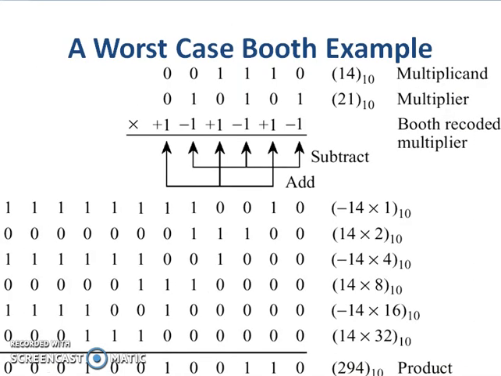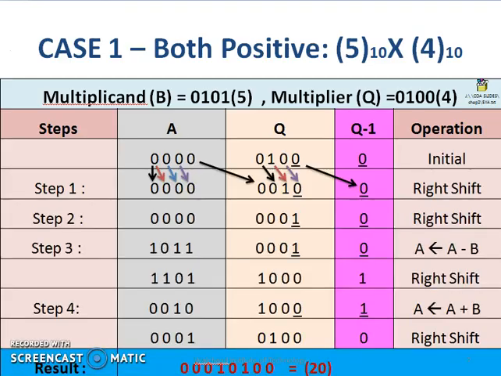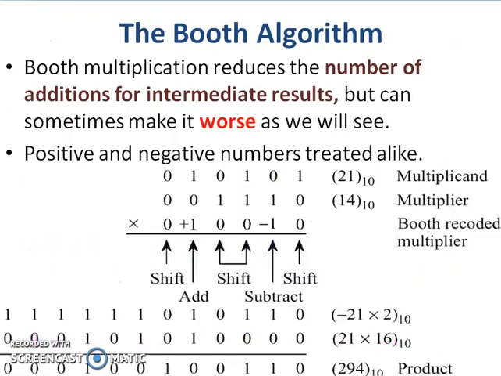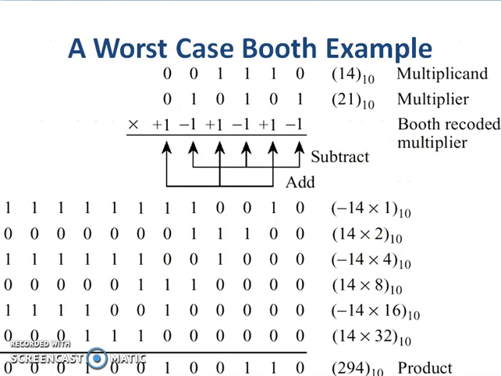What we have discussed till now is one way of Booth's algorithm, the table method. The other method is this way, computing the Booth recoded multiplier and then performing the operation.